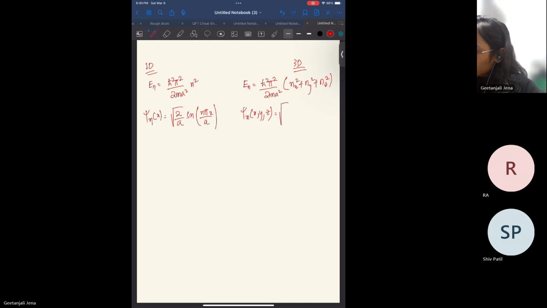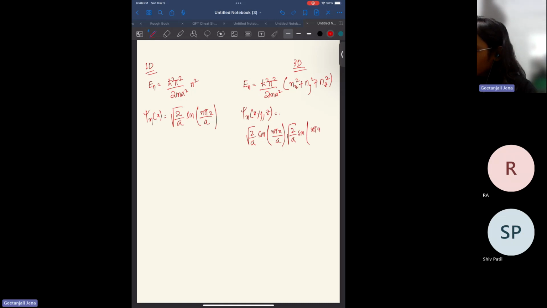So it will be root over 2 by a sine n pi x by a, times root over 2 by a sine n pi y by a, multiplied by root over 2 by a sine n pi z by a. So that means it will be root 8 by a cube sine n pi x by a, sine n pi y by a, and sine n pi z by a.